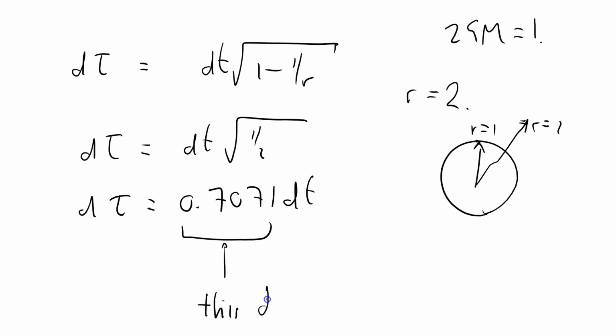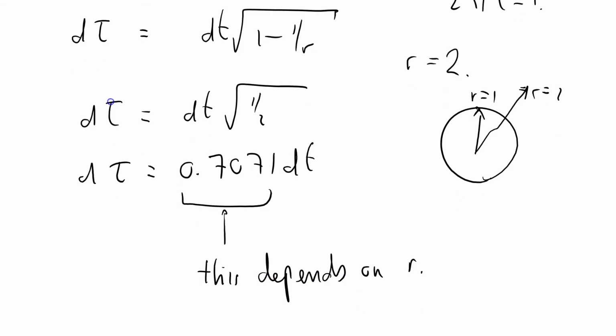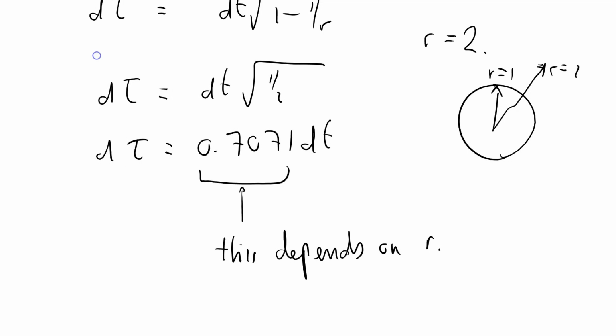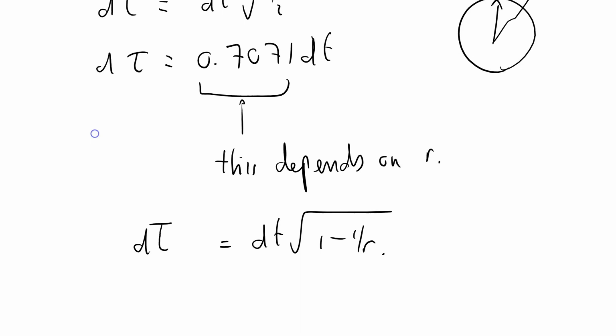This depends on r. So what that says is, let me write it down in its original form, d tau equals dt square root of 1 minus 1 over r. This says that different observers measure different amounts of proper time according to this factor, the square root of 1 minus 1 over r.